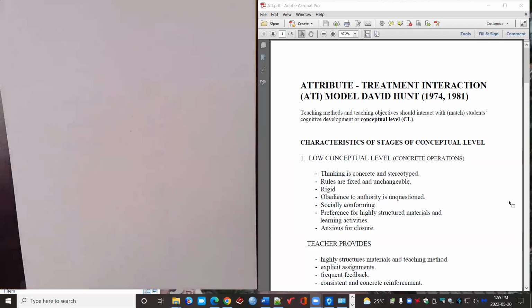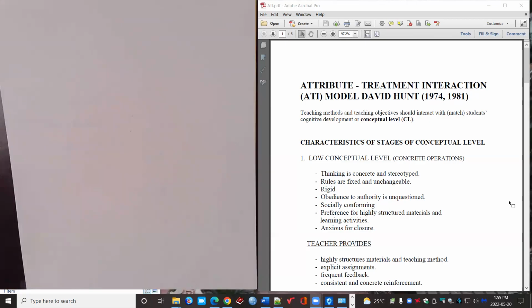So the CL, of course, is a function of IQ, but more importantly, it is a function of developmental stage, as you will see later on.